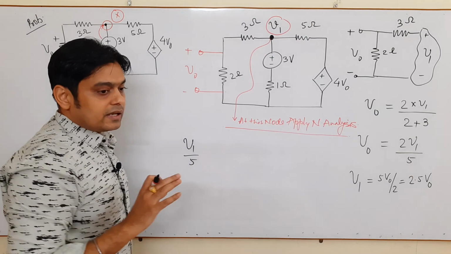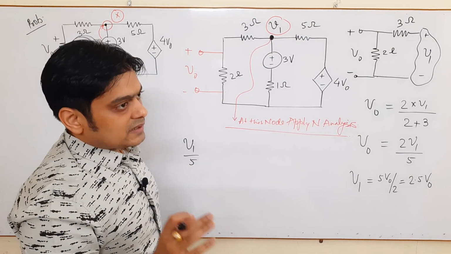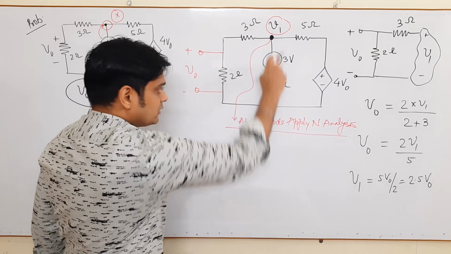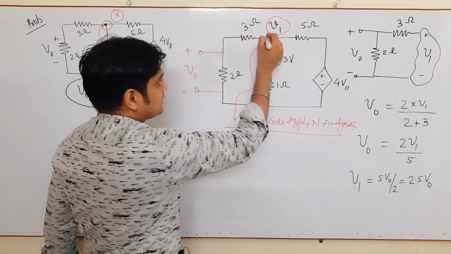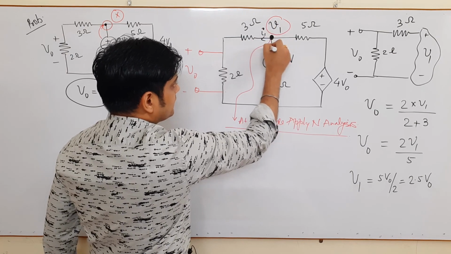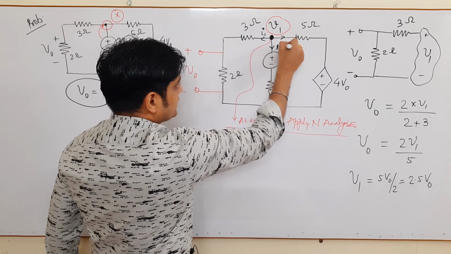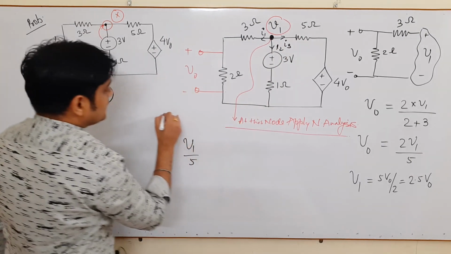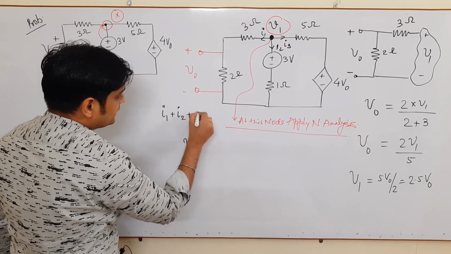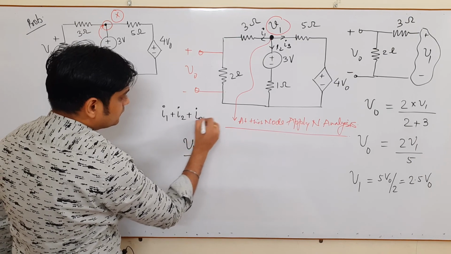As I said earlier, we always consider the current coming out from the node. So this current is going in this direction, this one in this direction, and this one in this direction. Just for understanding, I can write I1, I2, I3. As per nodal analysis, I1 plus I2 plus I3 is 0.